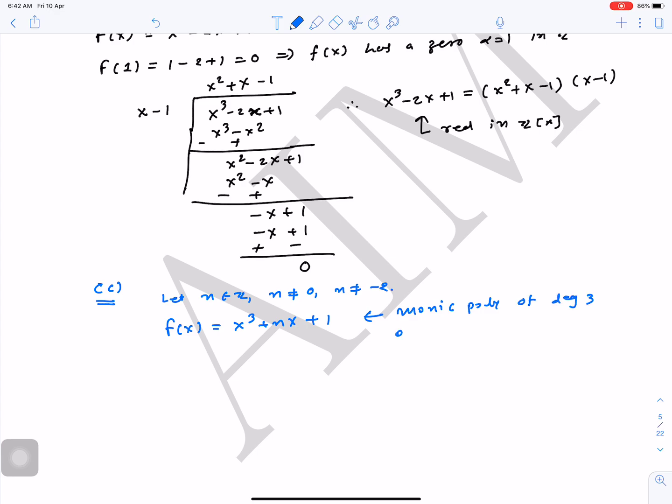It is over Z, but at the same time it is over Q also. I want to check its irreducibility over Z, but since it is monic, it is equivalent to check its irreducibility over Q. So let me consider it in Q[x].